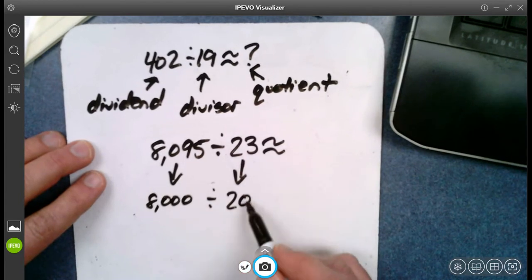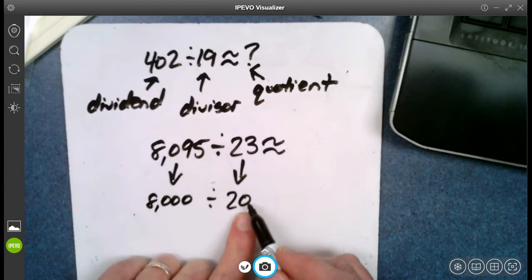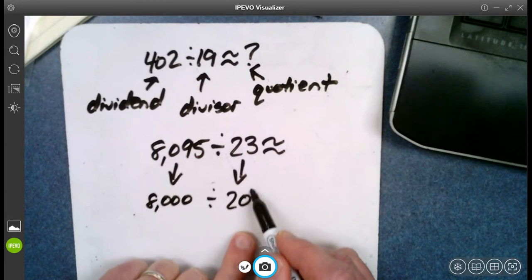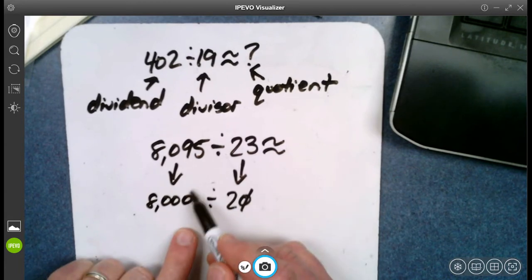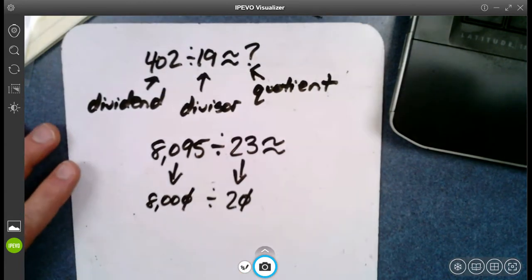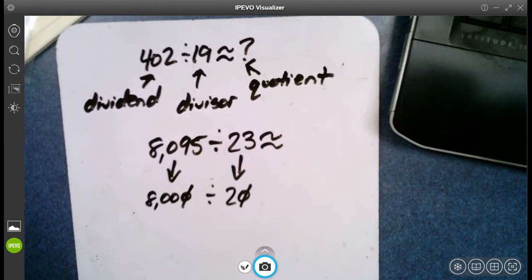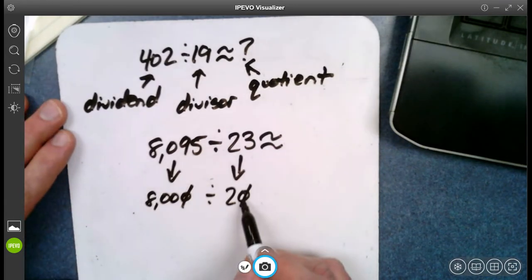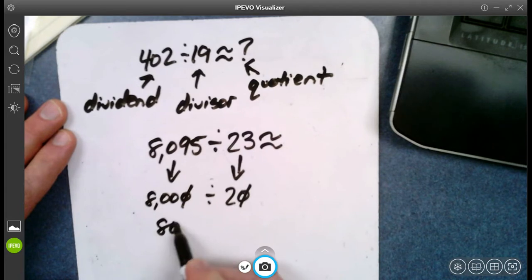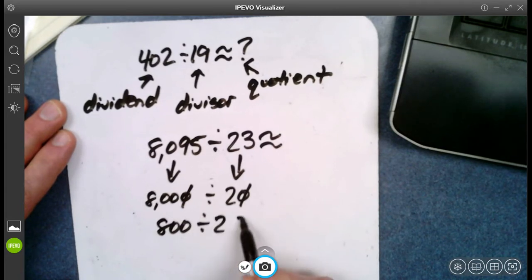So now I'm going to divide. I can only divide this side by 10, which means I can only divide this side by 10. It has to be exactly the same. I divide both sides by 10. I can only divide both sides by 10 because this only has one zero. So now I'm left with 800 divided by 2 is equal to what?